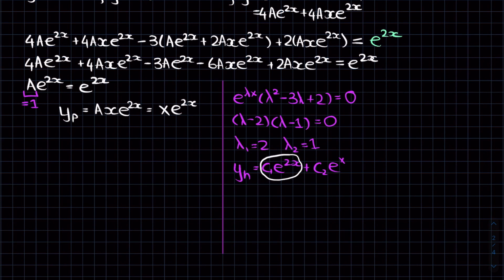That's why we needed to modify our initial guess, because it was actually a solution to the homogeneous part of the equation, but not a solution to the non-homogeneous part of the equation. So now our final solution is y equals y sub h plus y sub p equals c1 e to the 2x plus c2 e to the x plus x e to the 2x.